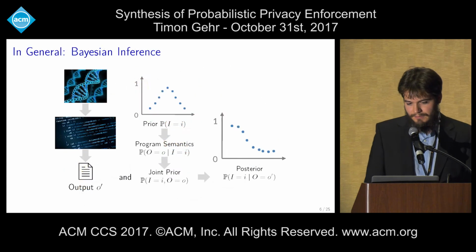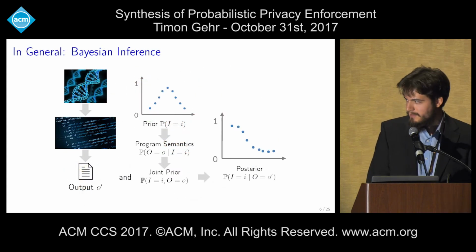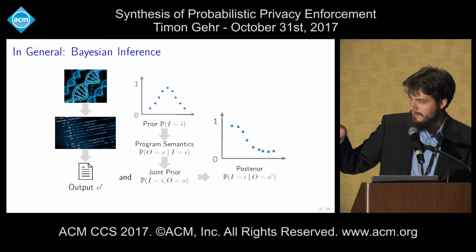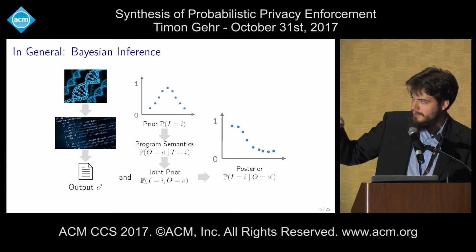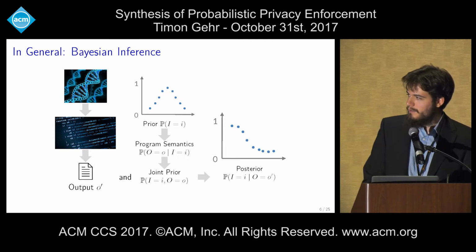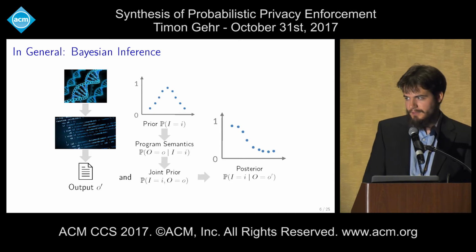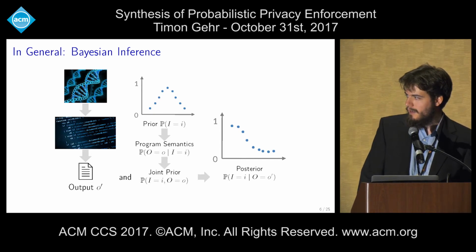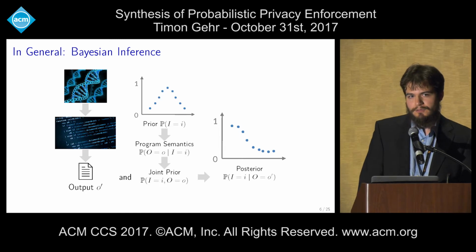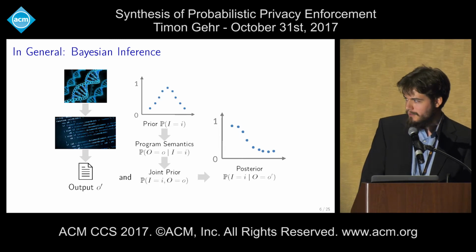In general, Eve will be able to do some Bayesian inference. On the left-hand side, you have, again, this situation where we start with the private data, we run the program, and it produces some output. And everything further to the right is what happens in Eve's mind. She has some prior distribution on how this data was generated, and we're going to assume that this is public information.